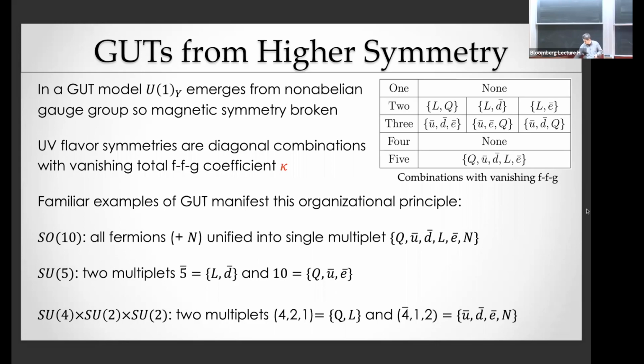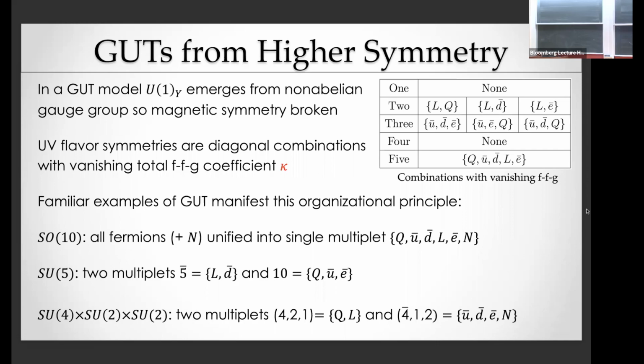And so here's a little table of which combinations have vanishing kappa. They're organized by how many of the standard model fermions they act on. So if you want them to act on, say, just one standard model fermion like Q or L, then there are none.